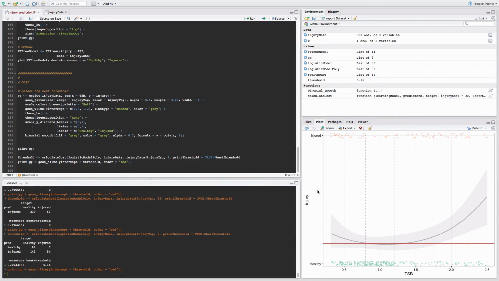So hopefully, if we plug much more data into a model, the model might be better at classifying the two cases, injured and healthy, and then it might be easier to select a given threshold and call everyone over that threshold injured, and below that threshold healthy.